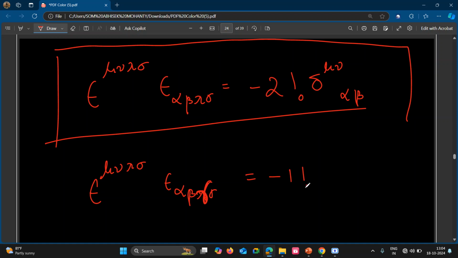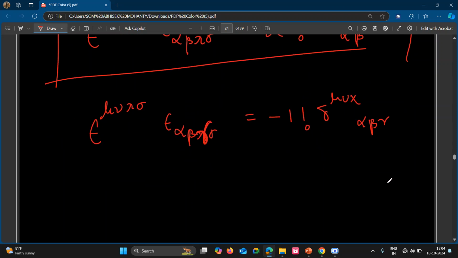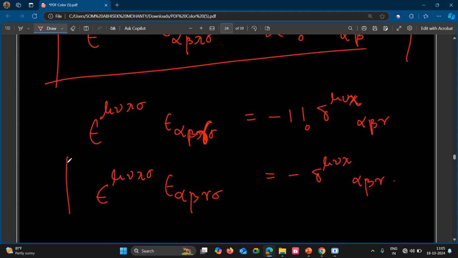So minus 1 factorial, with delta for three changes, mu nu lambda and alpha beta gamma. Minus 1 factorial is eventually minus 1. So minus delta mu nu lambda alpha beta gamma.